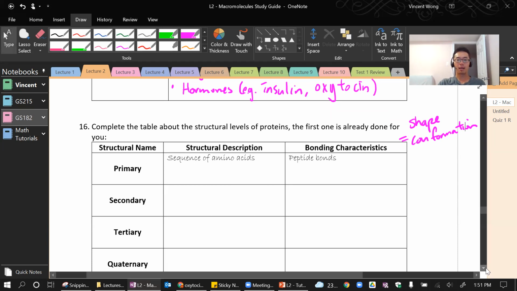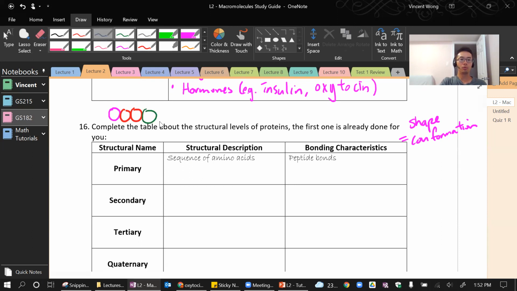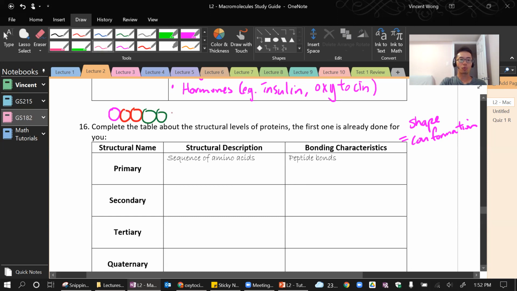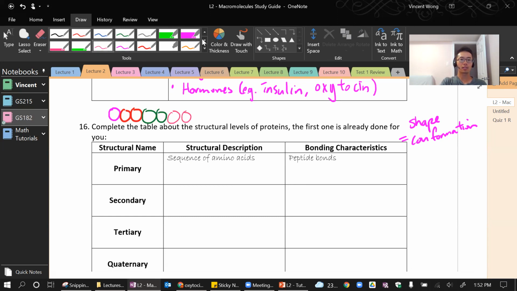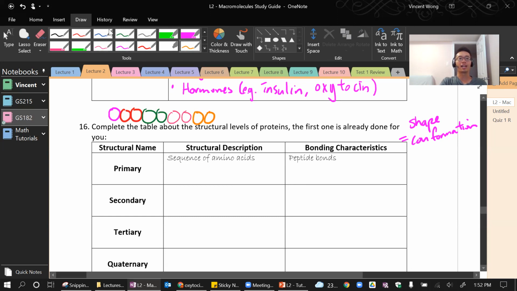Primary structure. When you say the primary structure of a protein, it is referring to the sequence of amino acids. Like I said, there are 20 different amino acids. Let's say I have a protein with a pink amino acid followed by two reds, one green, blue, orange, whatever.